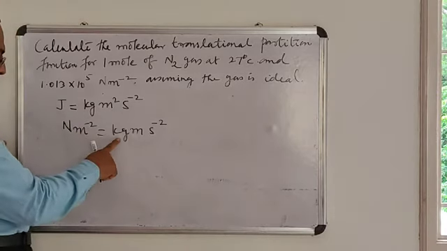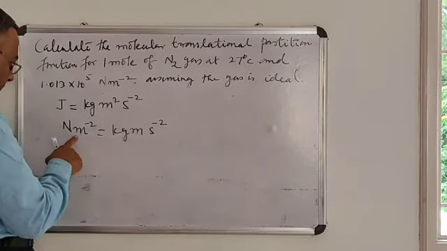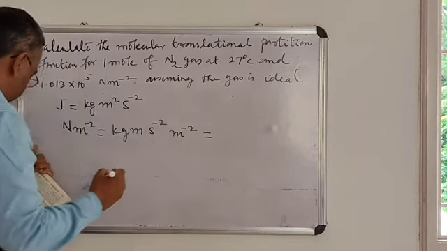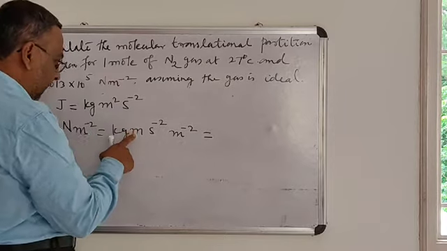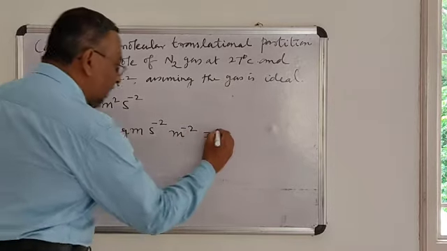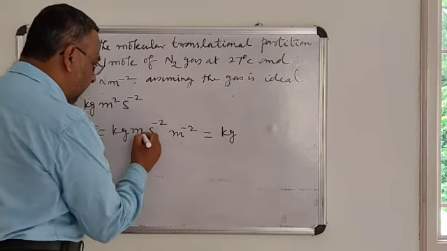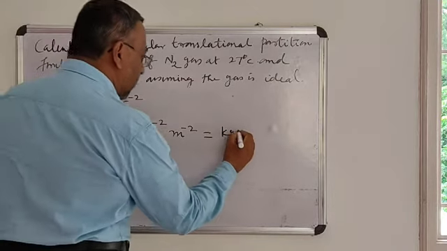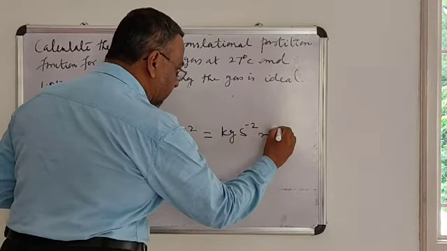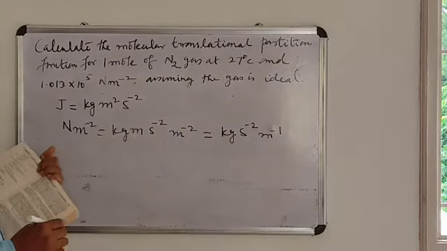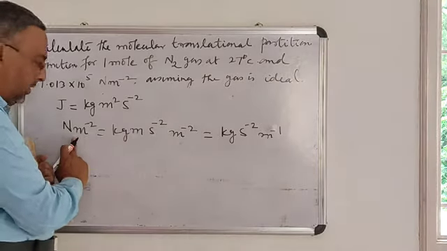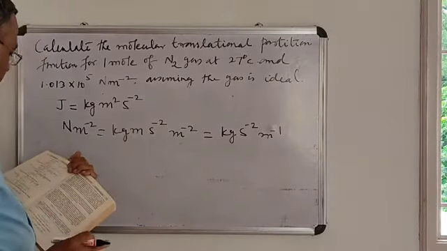Newton is nothing but kilogram meter second power minus 2, and meter power minus 2 is there. Therefore, when we solve this, meter power plus 1 and minus 2 will become meter power minus 1. So therefore, kilogram, second power minus 2 and meter power minus 1. This is what we have to use for the pressure of a gas.